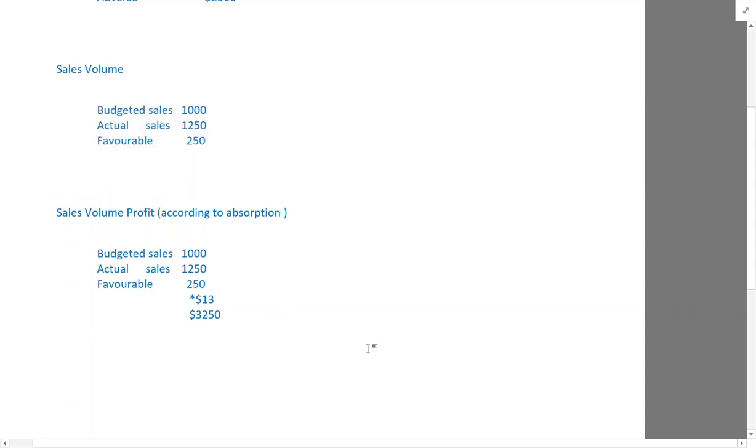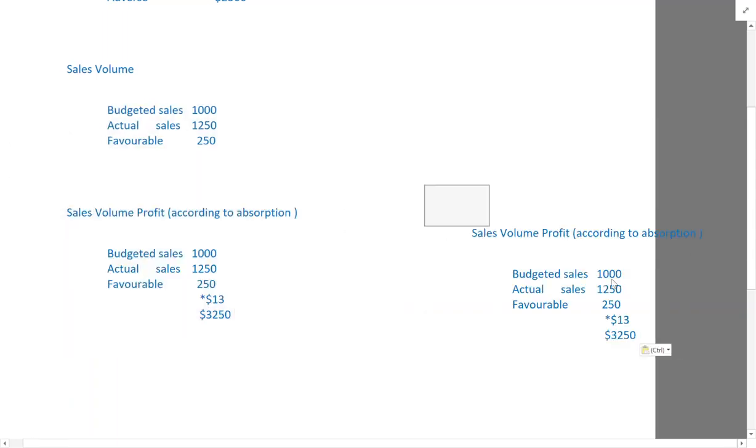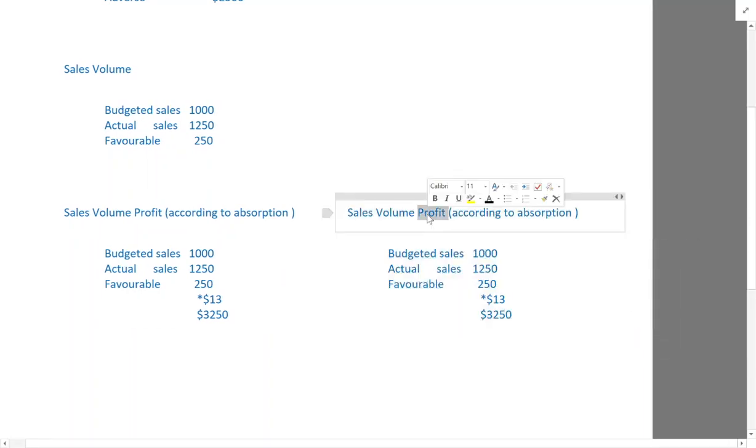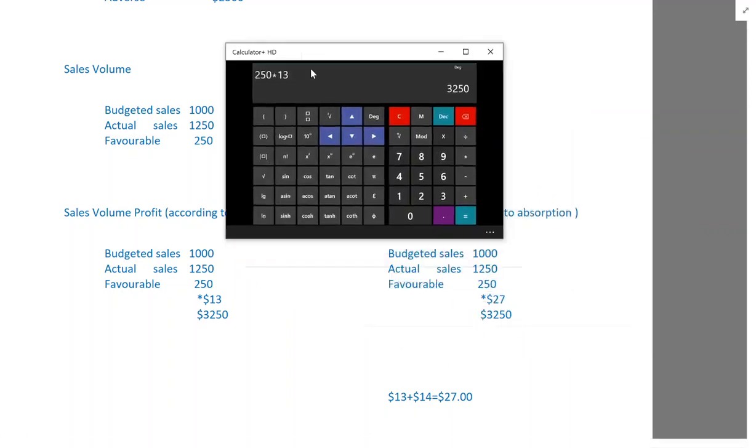But marginal costing doesn't believe in fixed cost per unit. It is just one thing, but two different ways in two costing systems. So then we would have sales volume contribution variance if we multiply this by contribution. How much is contribution? 13 plus fixed cost. The easiest way to find contribution is take fixed cost plus profit. Gives you contribution. And contribution is higher than profit.